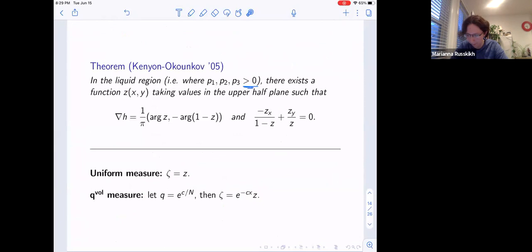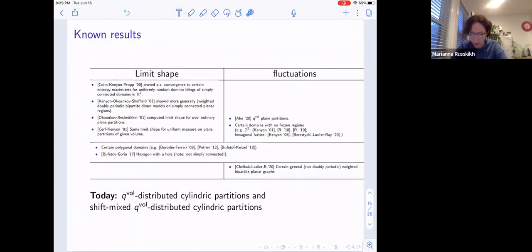Now let us discuss some known results about the limit shape and the fluctuations. First of all, about the limit shape, Kenyon and Prop showed that the normalized height function converges to a certain entropy maximizer for uniformly random domino tilings.